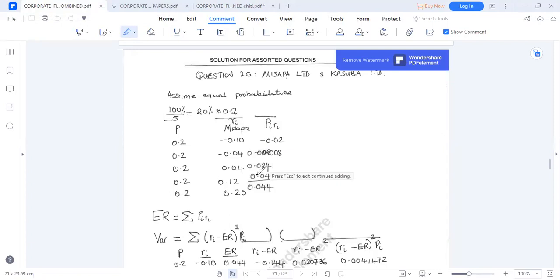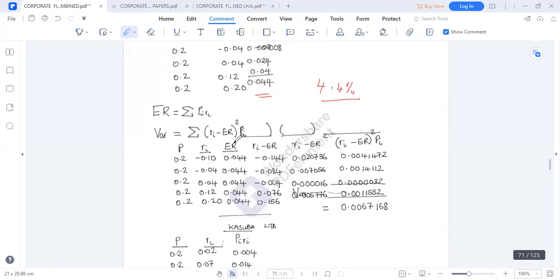We calculate each of them by multiplying the probability and the return. Then you total up, and our total value is 0.044. If you want to put it in percentage, you multiply by 100, so 4.4% is the expected return for Misapa.